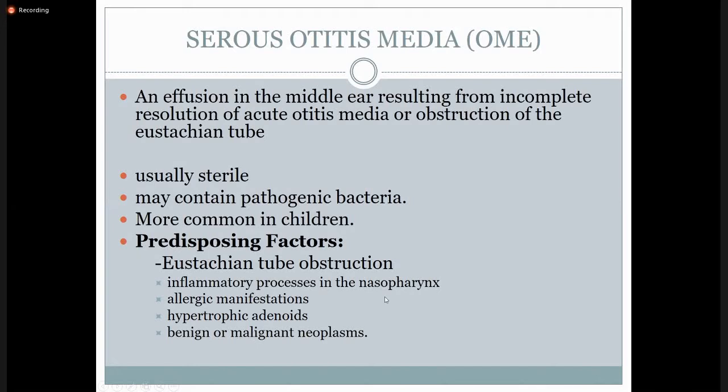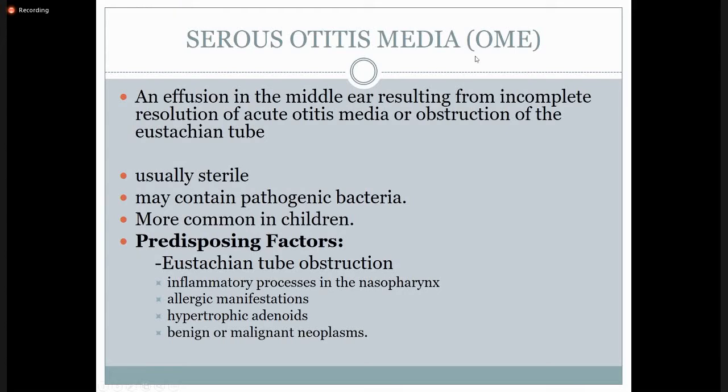Benign or malignant neoplasms inside the nasopharynx can again lead to auditory tube or eustachian tube blockage and leading to serous otitis media, that is collection in the middle ear of sterile fluid without pathogenic bacteria initially and in presence of intact membrane, that is eardrum is still intact in serous otitis media.